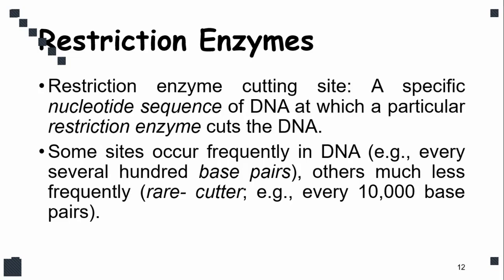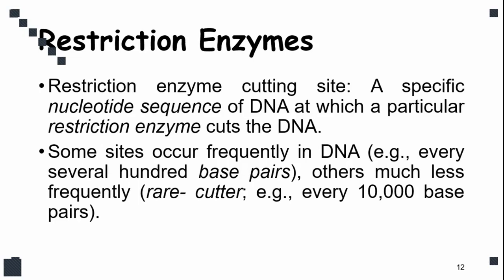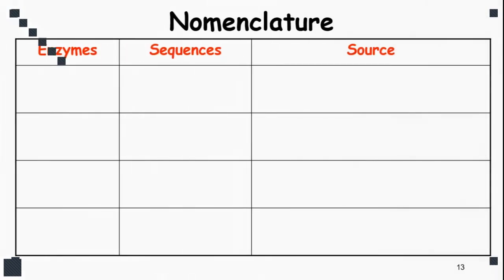The longer the sequence of the base pairs, the fewer you find them. The shorter the number of bases, the more frequently you find them. And that is what we are explaining in point number 2, that some are more frequent than others.